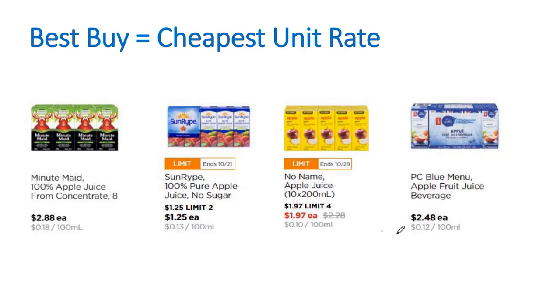So now let's take a look at Best Buy. Getting the best deal. We all like a deal. We can see here, this has been taken from the Superstore website. If you do online shopping, the unit rate is actually shown to you right on the website. So we've got apple juice: Minute Maid, Sunripe, No Name, and Blue Menu.